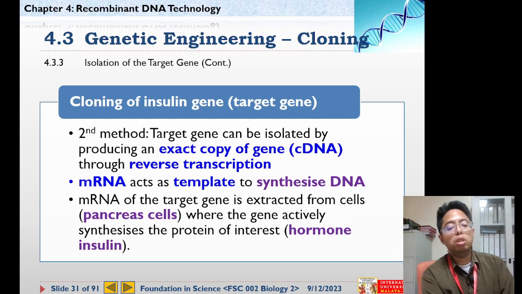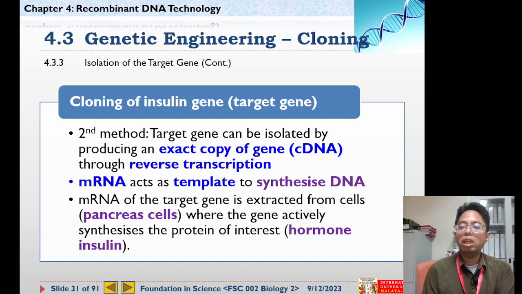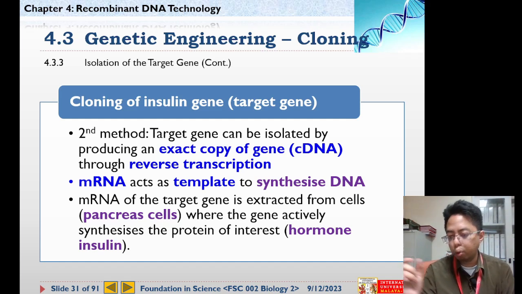The second method is using cDNA. cDNA is the complementary DNA that we reverse transcribe from an mRNA. Instead of getting the DNA itself, because DNA itself is like a very complicated noodle or yarn, you cannot easily find the sequence that you want.